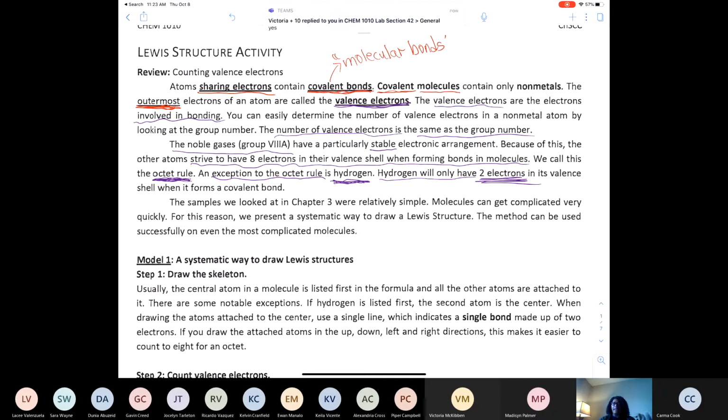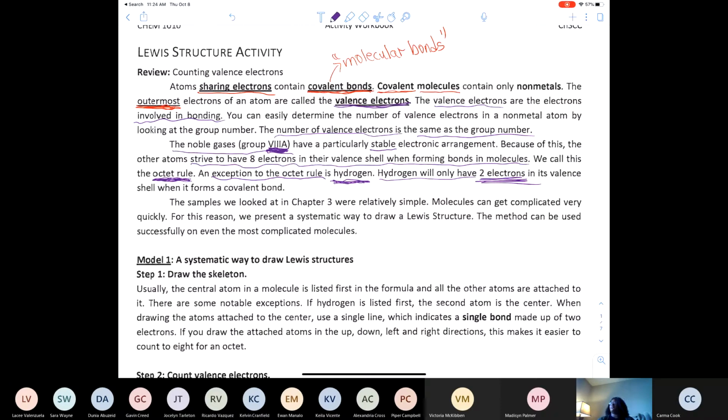And in sharing electrons, their goal is to be like the noble gases. The noble gases in group 8A have 8 valence electrons. So the other nonmetal atoms, in making a covalent bond with another nonmetal atom through the sharing of electrons, have the goal of obtaining 8 valence electrons.